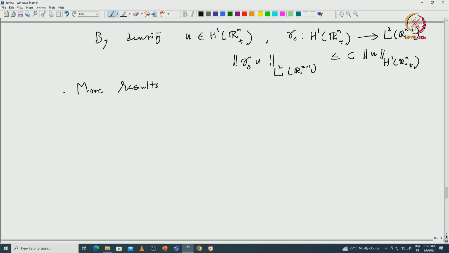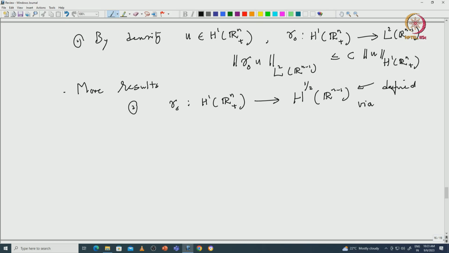This is the first part, and in the second part you can actually show that gamma naught maps H1 of R n plus to H half. This is where the difficulty arises when you go to bounded domains. I will not have time here, but here the boundary is R n minus, and hence this is defined via Fourier transform.